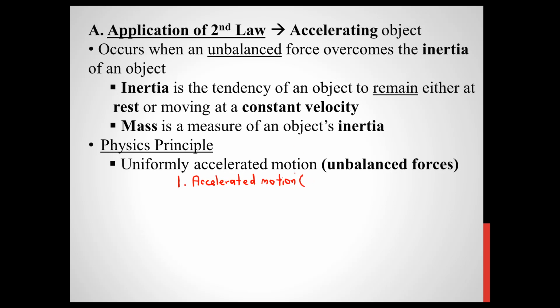In brackets, instead of saying unbalanced forces, they just write down the equation that indicates unbalanced forces. I think they write down F net is not equal to 0. If you have a net force that's not equal to 0, it means that the forces are not balanced.